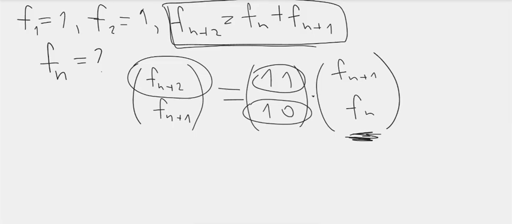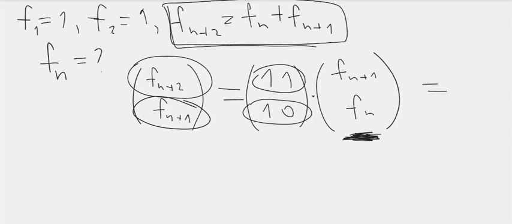So the bottom row in the matrix multiplied by this vector gives fn plus 1, exactly the second element in this vector. So this formula holds. Now we notice that this is also a recurrent relation, and this vector can also be expressed using the same formula.